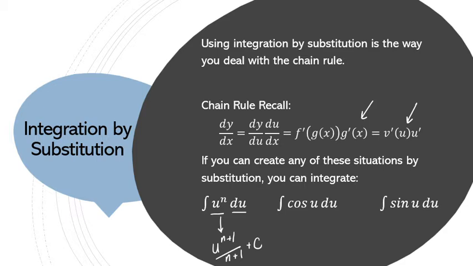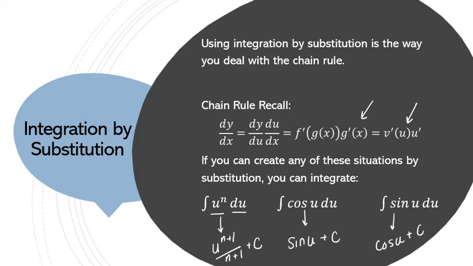This is just logical. If cos u du is your derivative, your integration would be sine u plus c, because when you take the derivative of sine u, you get cos u, right? So opposite actions. And likewise, if you have sine u du and you want to integrate it, you can bump that up to cos u plus c.